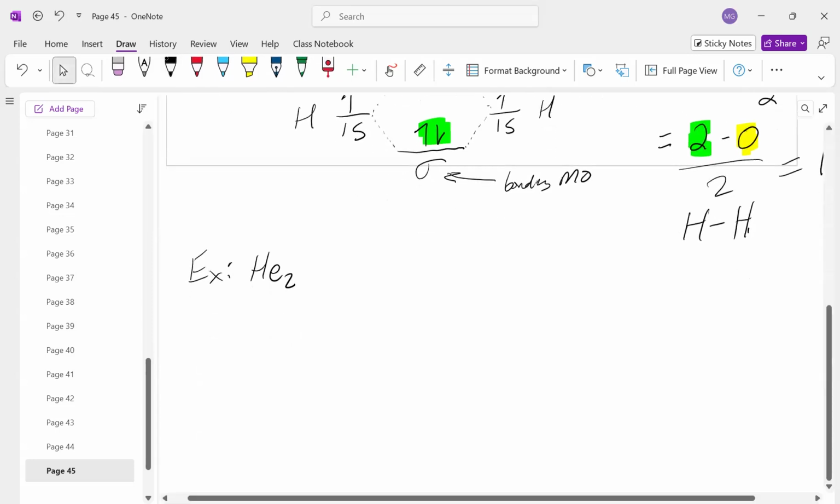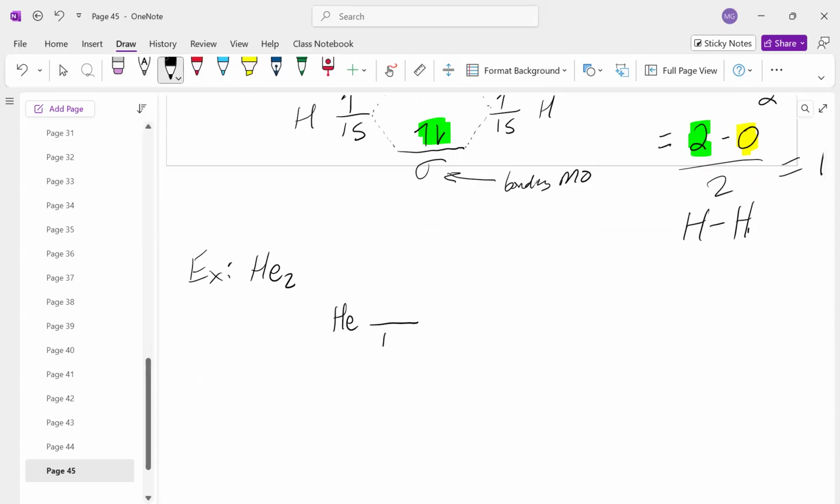So let's start with one helium atom, and it's got both of its electrons in a 1s orbital. And let's show what happens when it interacts with the atomic orbital of a second helium atom. And again, if they interact constructively, you get a lower energy bonding molecular orbital.